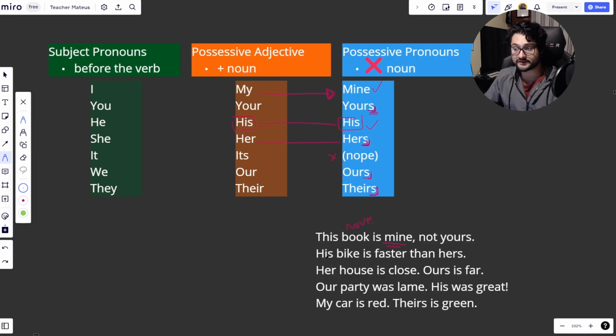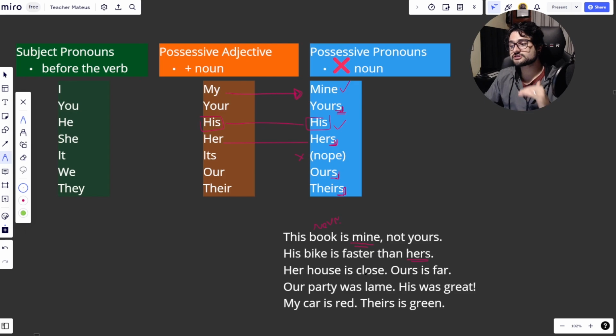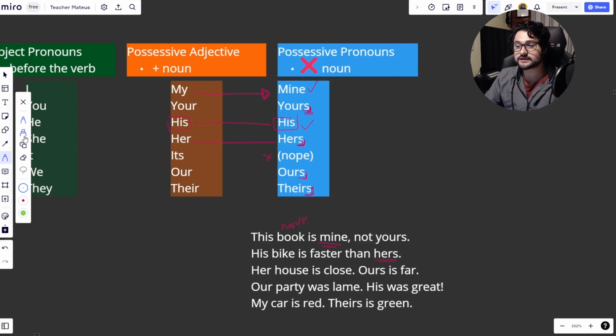His bike, so this is my possessive adjective, is faster than hers. Her house is close. Ours, our house, or we can just say ours, is far. Our party was lame. Our party was bad. His was great. My car is red. Theirs is green. So let's take a look.